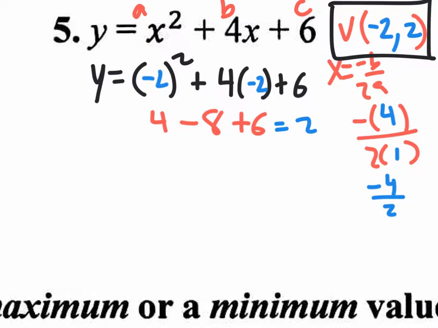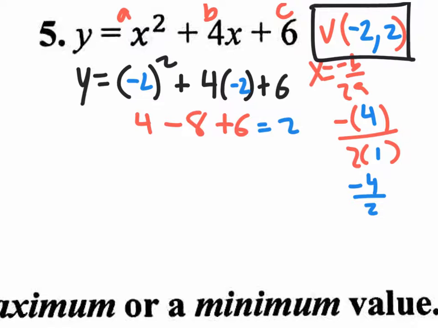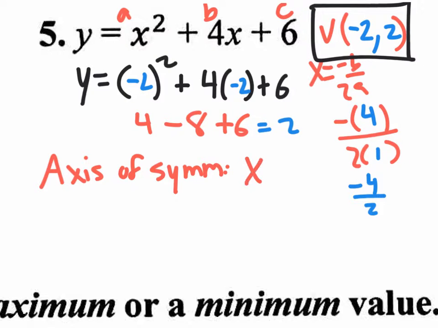What else do they ask for on the instructions? So the second thing that they ask for is the axis of symmetry. Now, drawing the axis of symmetry on a parabola is easy because you just draw the vertical line right through the vertex. Stating the equation of the axis of symmetry is really easy also, because it's simply x equals the x value of your vertex.